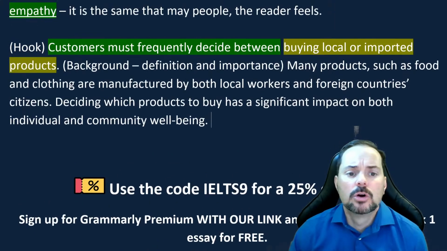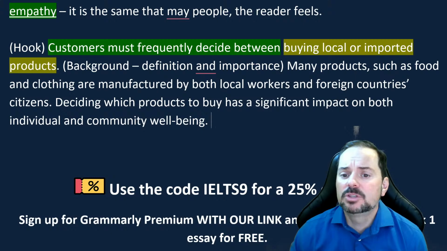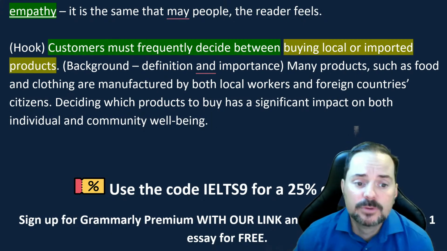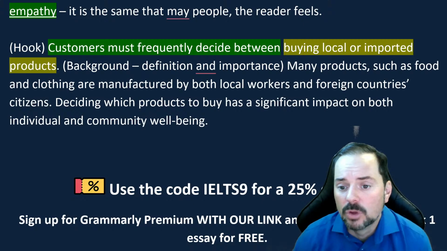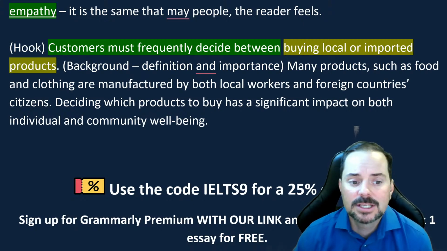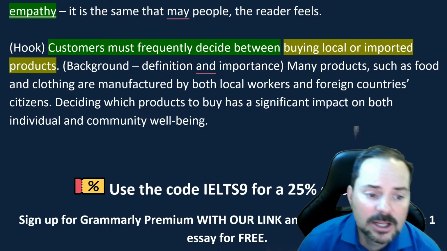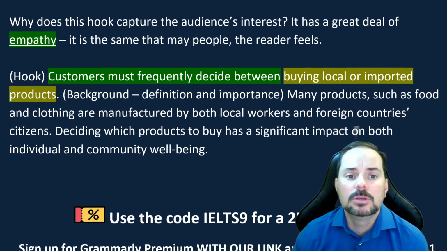And it also will impact your country, right? So people's jobs and so on. Customers must frequently decide between buying local or imported products. Many products, such as food and clothing, are manufactured by both local workers and foreign countries' citizens. Deciding which products to buy has a significant impact on both individual and community well-being.